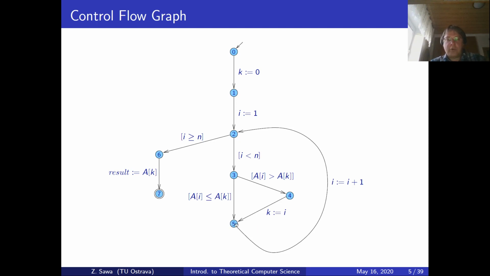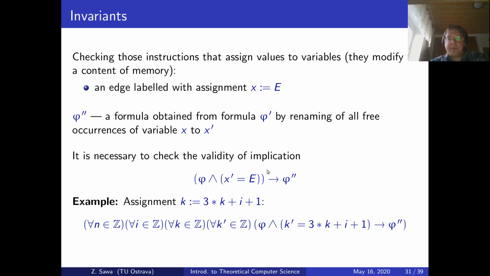So let's take this formula phi prime and substitute all occurrences of x with this variable x prime. So if I had an assignment like this, where the new value of k is computed as 3 times k plus I plus 1, the formula would look like this.